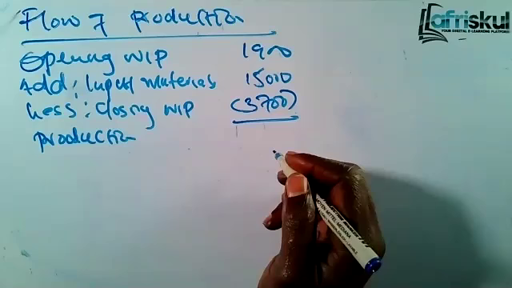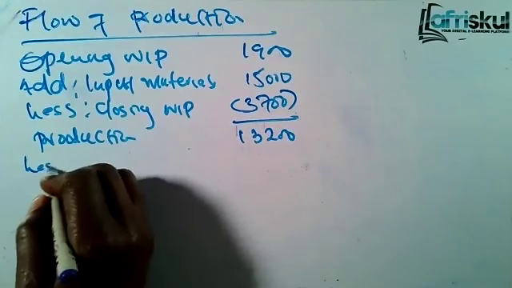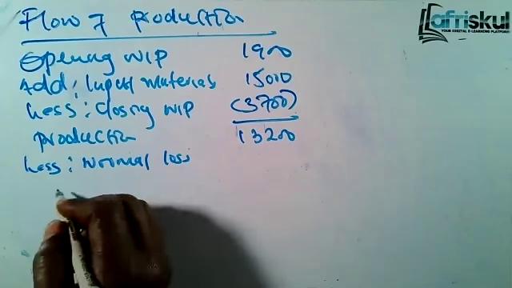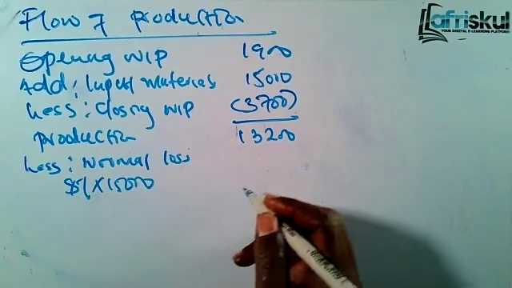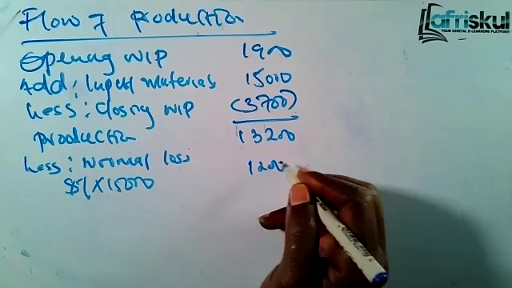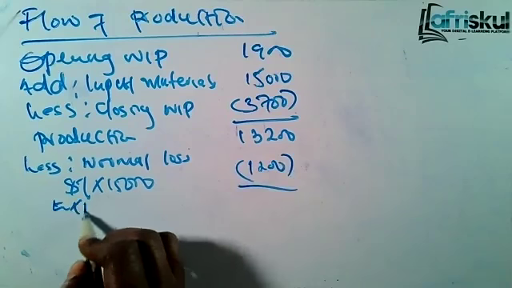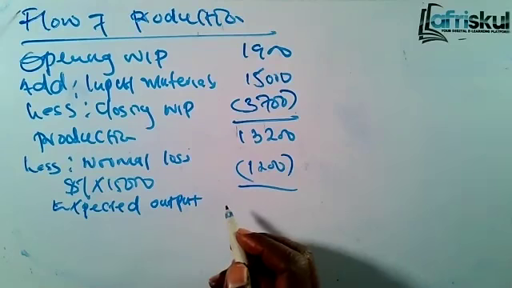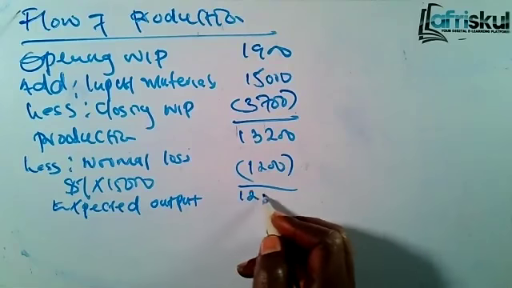It is 13,200 units. You less normal loss. Normal loss is 8% of inputs, which is 15,000. 8% of 15,000 is 1,200. You deduct that one, you get expected output or production. 13,200 minus 1,200, so that is 12,000.